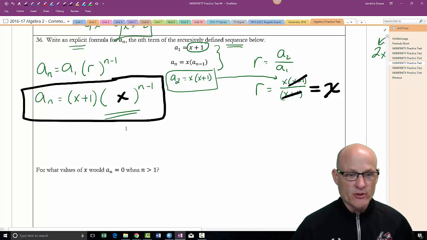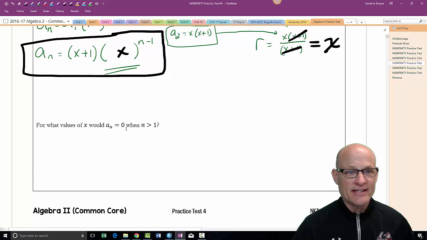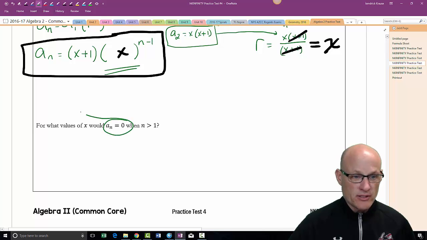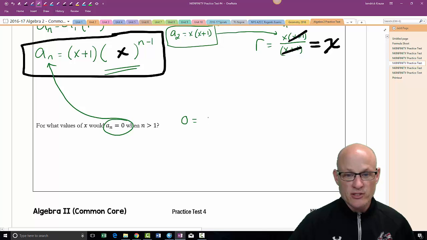For what values of x would a sub n equal 0? Okay, so what do we got to do? We want to plug in 0 for a sub n. So 0 is equal to x plus 1 times x to the n minus 1.